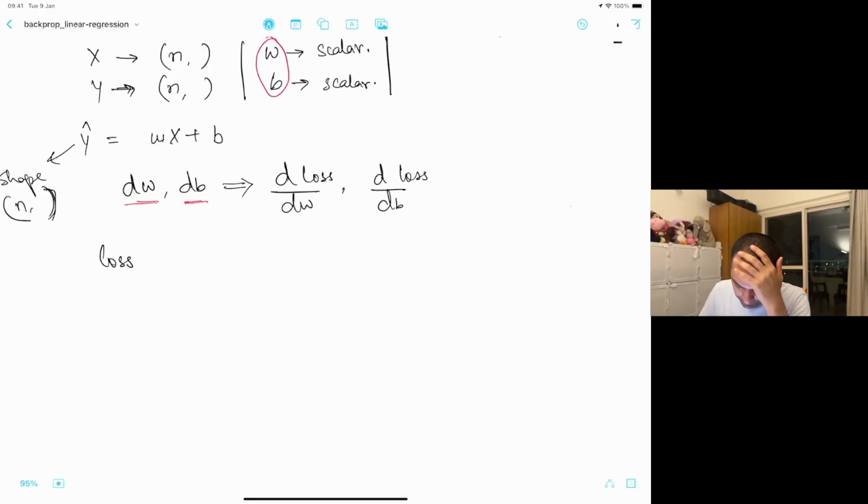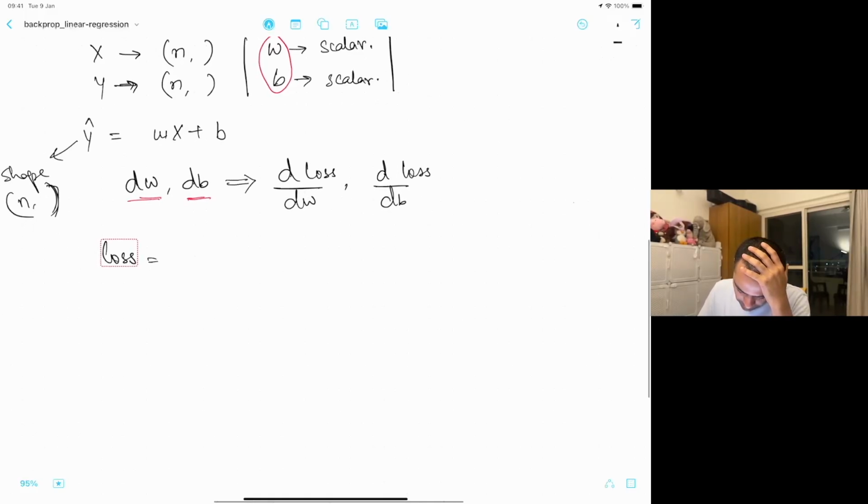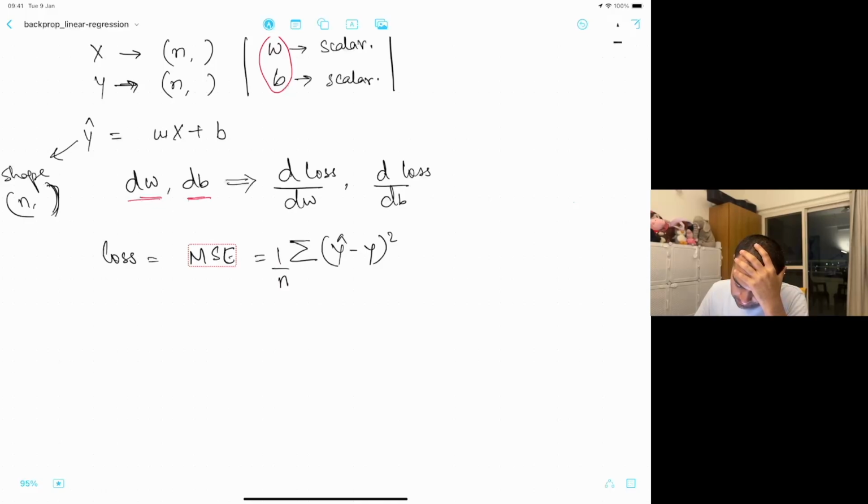For linear regression, the loss is nothing but the mean squared error loss, which equals y hat minus y, the error. We square them and we take the mean of it. 1 by n, where n is the number of samples, sum of y hat i minus y i squared, and so this will be the loss. Mean squared error.